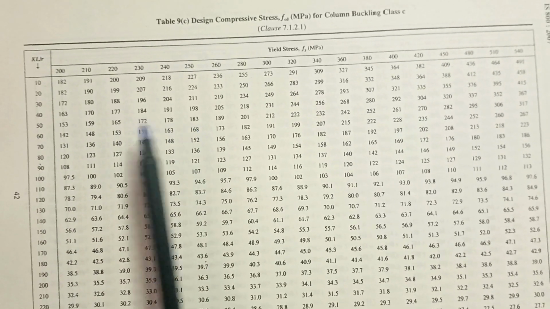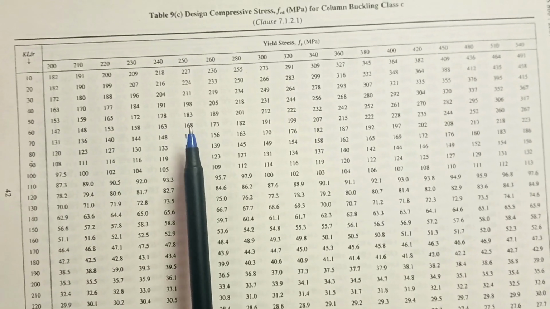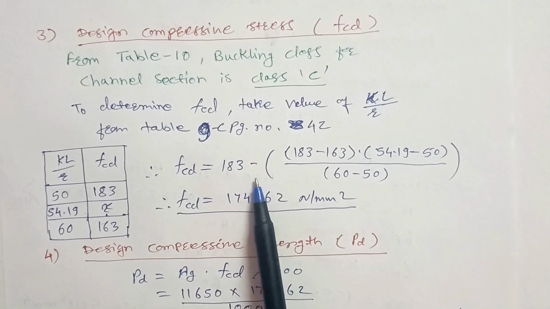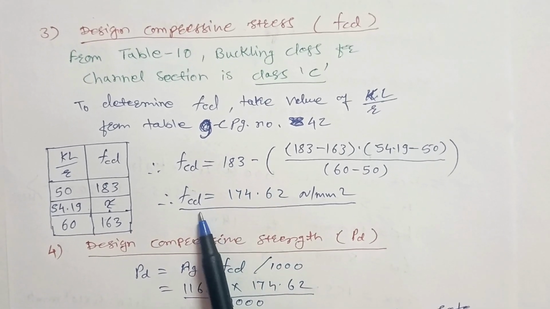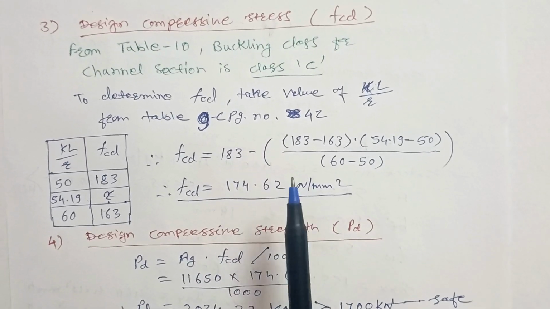The FCD for 50 is 183, and for 60 it is 168. You can see here I have written this. By the simple interpolation method, we calculate the FCD as 174.